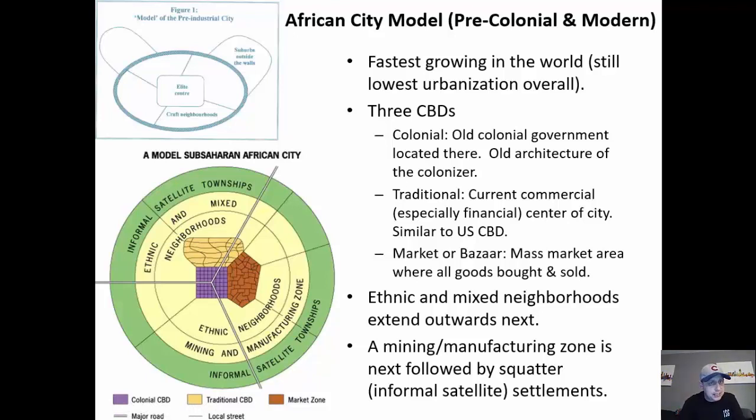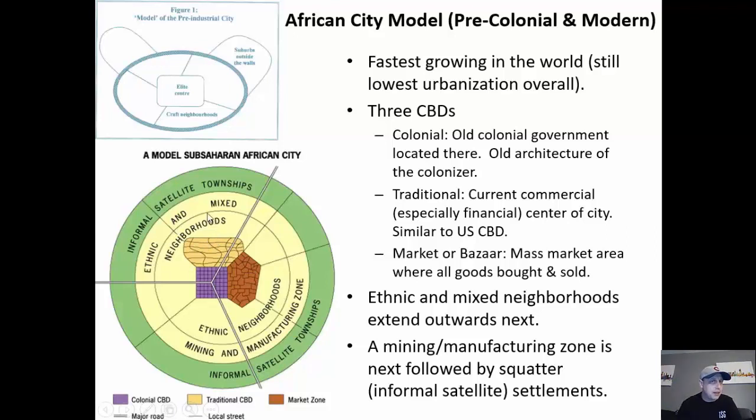Ethnic and mixed neighborhoods then extend outward from the CBD. Please note that in African cities, they don't really cluster by wealth level, they cluster by ethnicity. So ethnicities and tribes will live amongst one another, and there'll be ethnic neighborhoods that surround the CBD, different tribes living amongst one another.